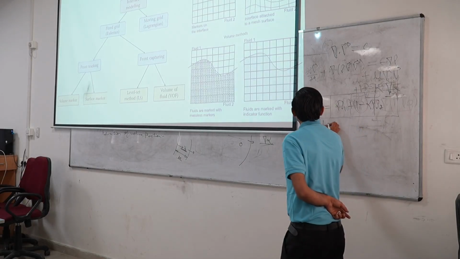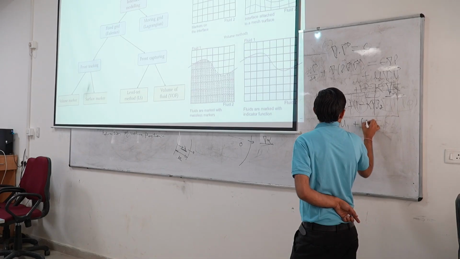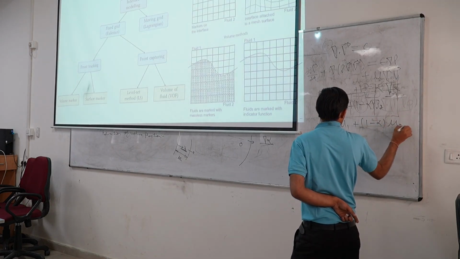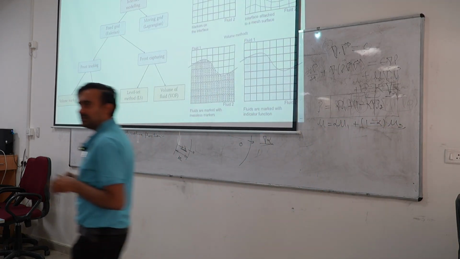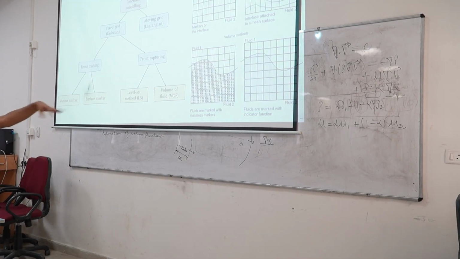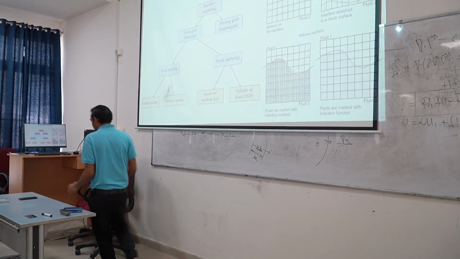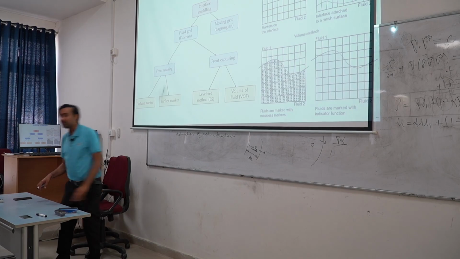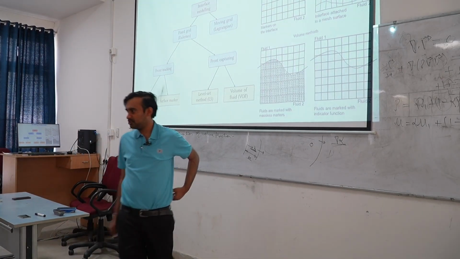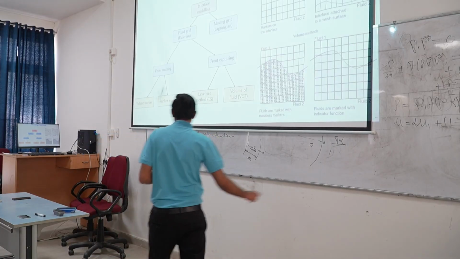And mu we define as alpha into mu 1 plus 1 minus alpha into mu 2. Is this point clear? So maybe now we have some idea about the governing equations which we are going to solve in the interFoam solver.